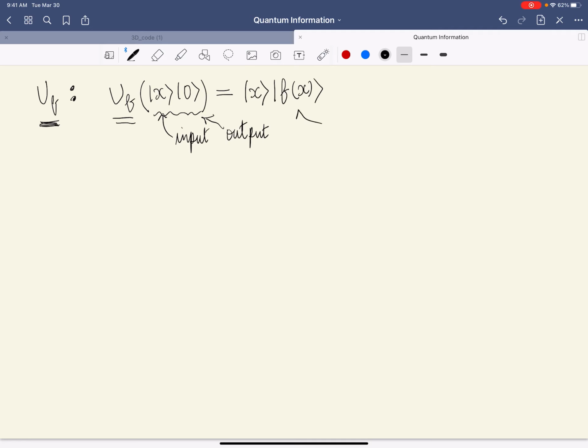This is some function of x, and the functional value of x can be somewhere between 0 all the way up to 2 to the m minus 1, where m is the number of qubits that form the output cluster.